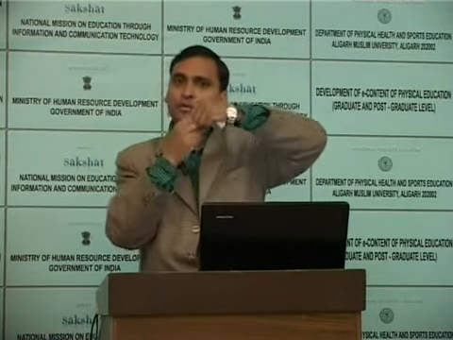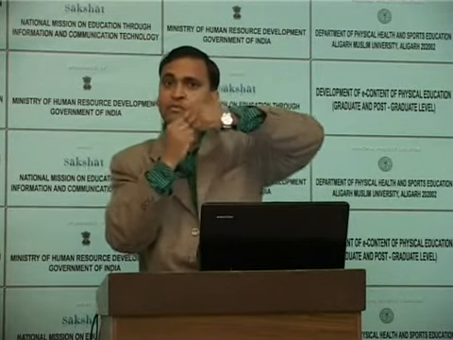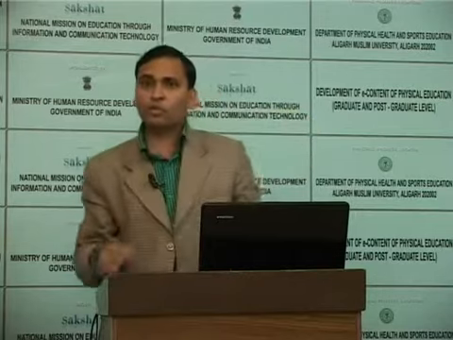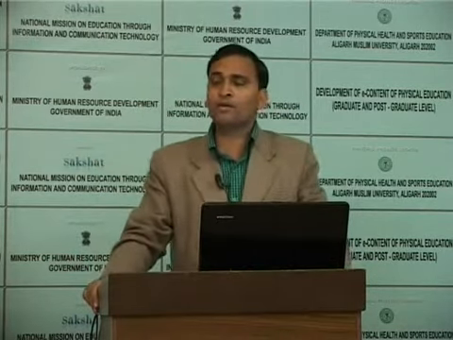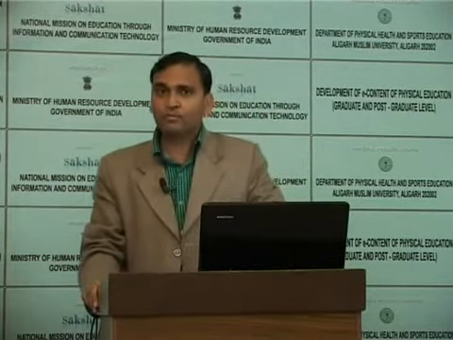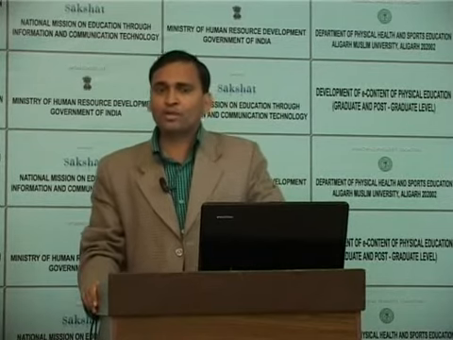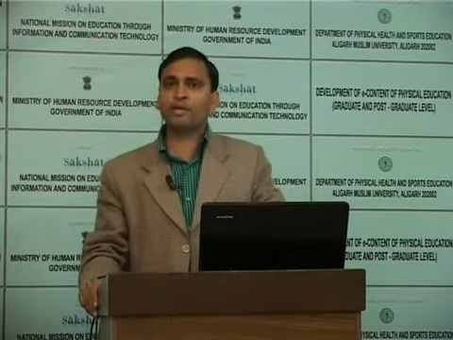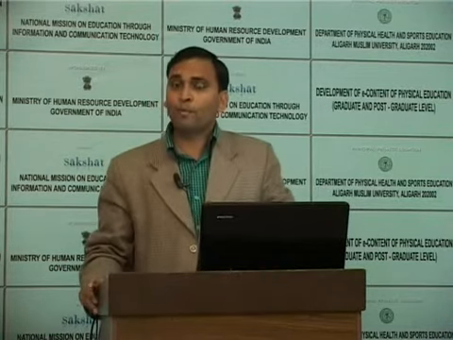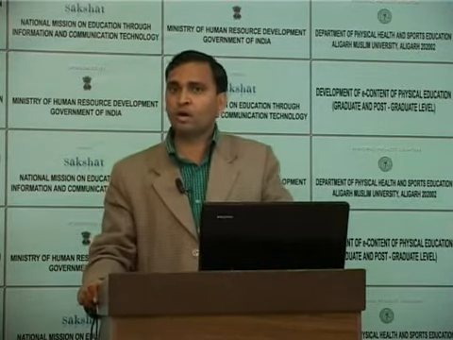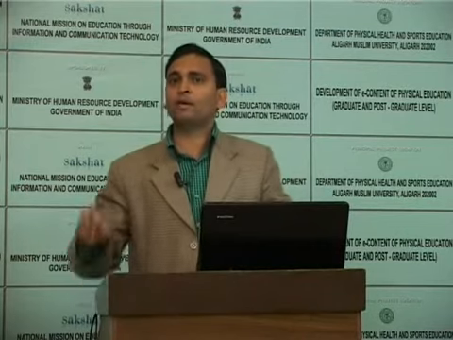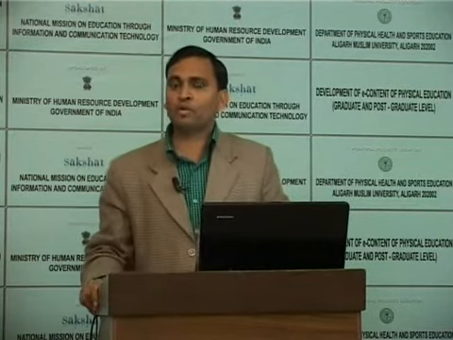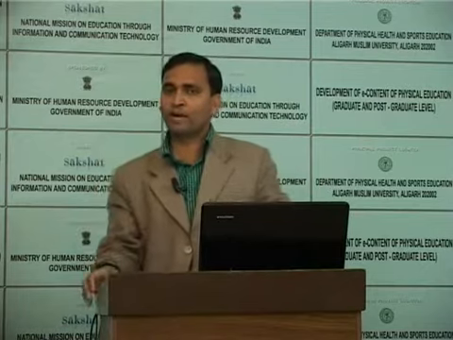But if there is no lubrication, or there is more resistance, more friction between two joints, the muscle needs to apply more force. For every type of movement in the body, there is mainly one prime mover. But if that prime mover is not able to apply a sufficient amount of torque to produce bone movement, what happens?